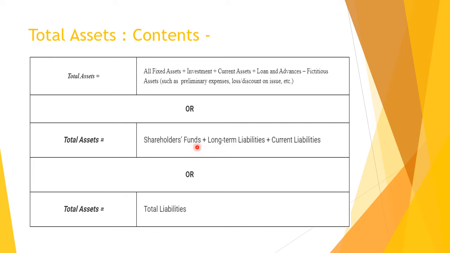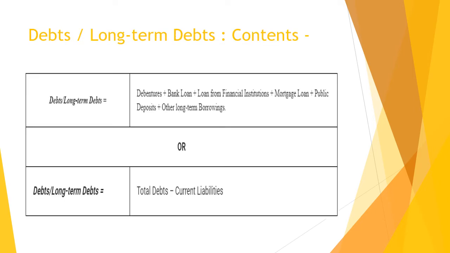Now let us see what all are included in debts. Now let us look into debts or long-term debts contents. Long-term debts is a revision of what we had done in previous videos also. Long-term debts had given a list.